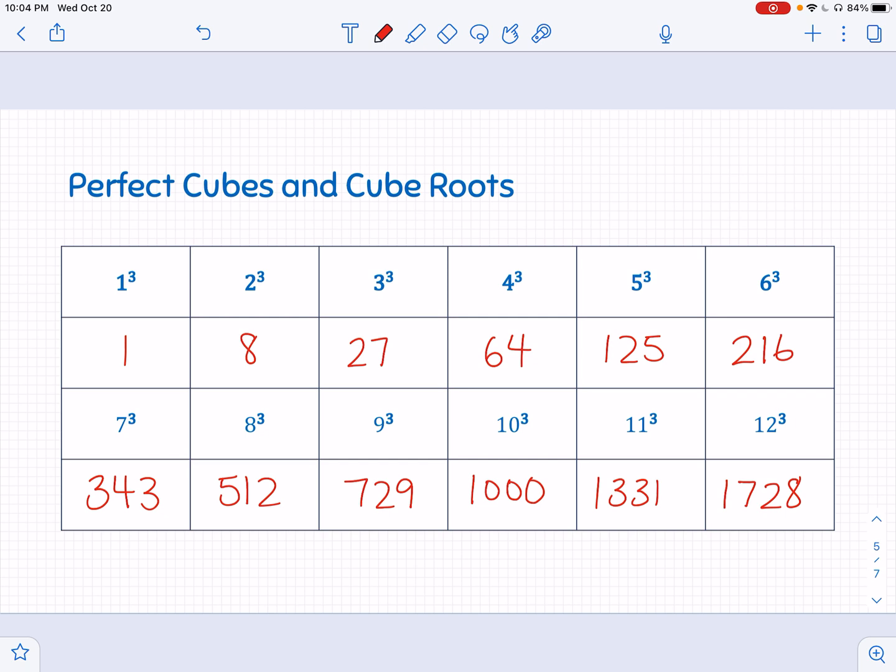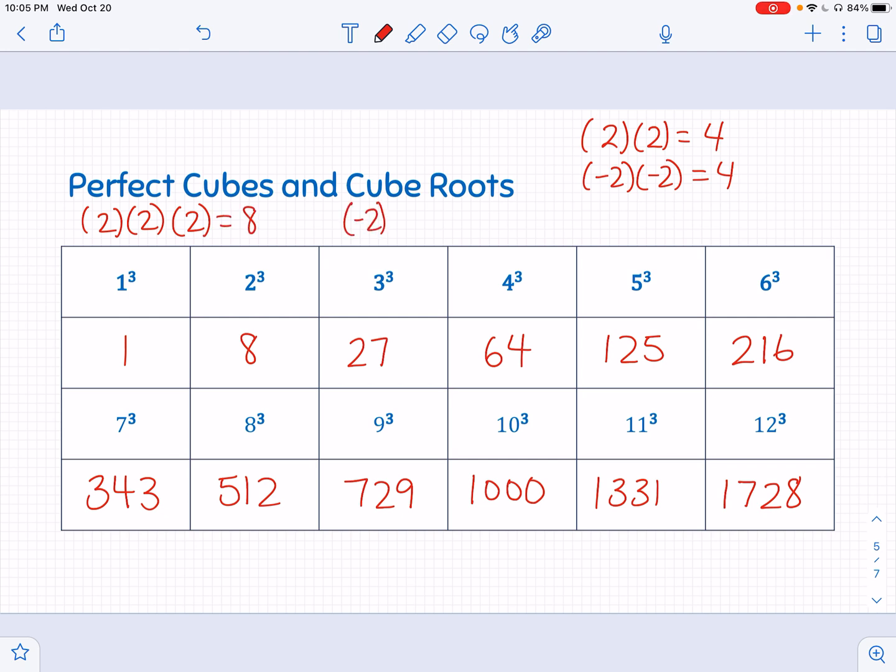So part of what makes a perfect cube unique is if I were to multiply 2 times 2, I get 4. And if I were to multiply -2 times -2, I also get positive 4. But with a perfect cube, since you're multiplying 3 times, if I were to multiply 2 times 2 times 2, I certainly get 8.